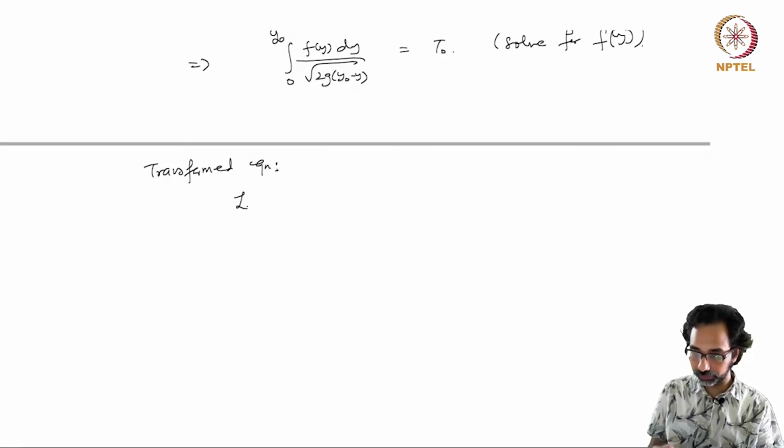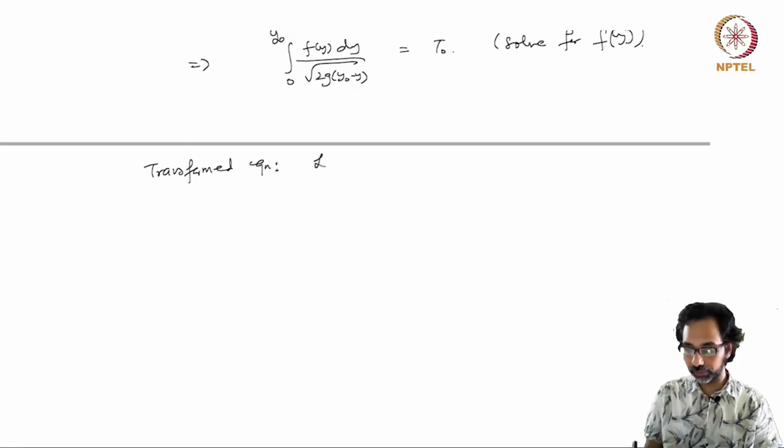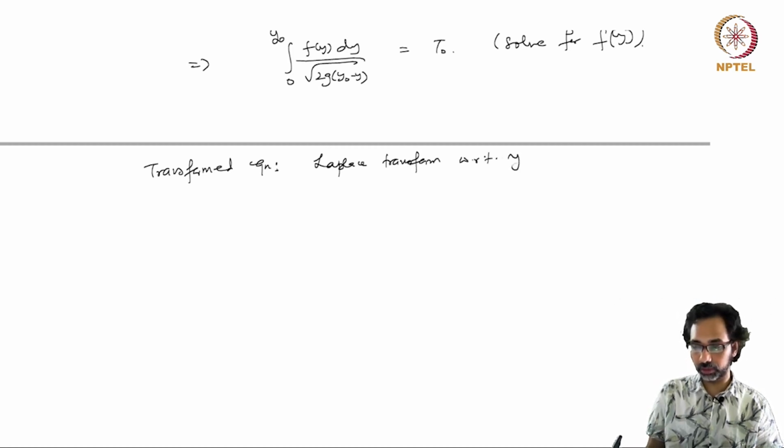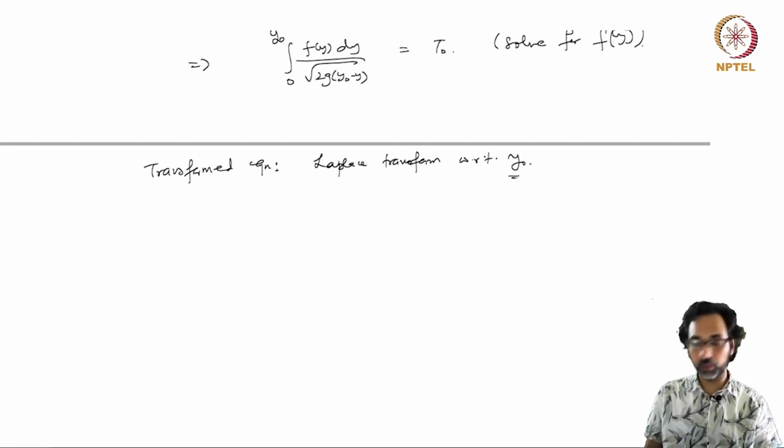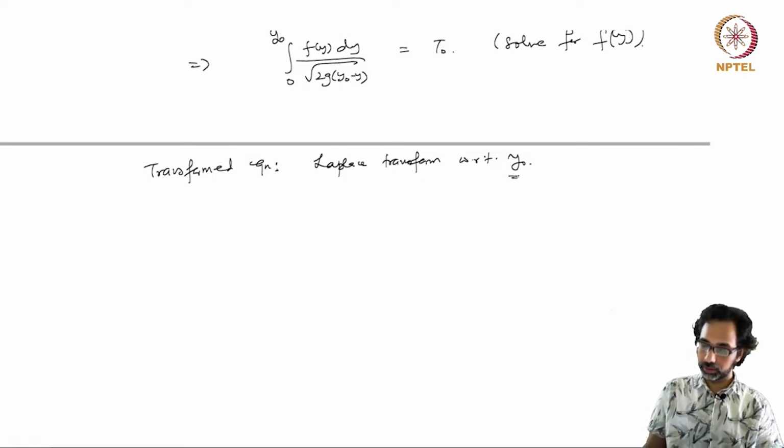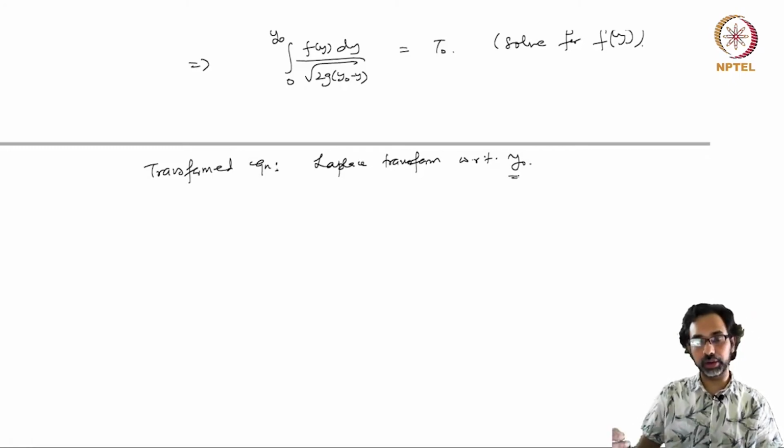Notice that we want to take the Laplace transform with respect to the variable y0. So y0 can vary because we can release the bead from any height, and for each such y0 we will get such an equation, and so we can take the Laplace transform by considering y0 to be our t variable.